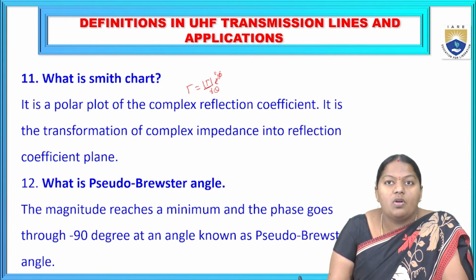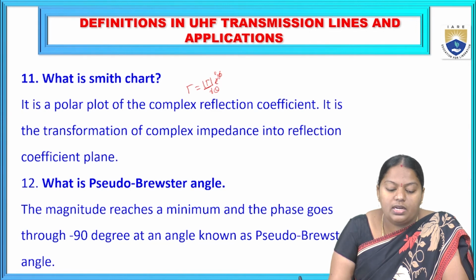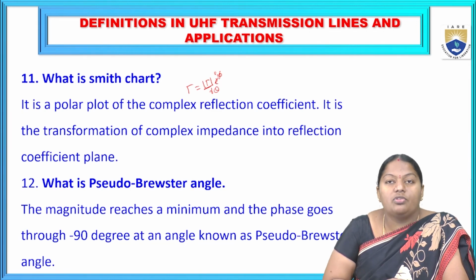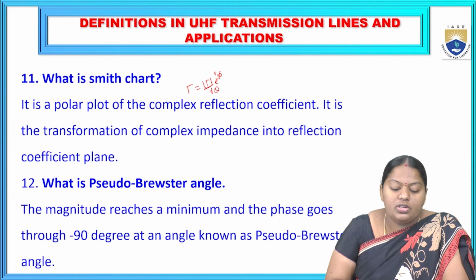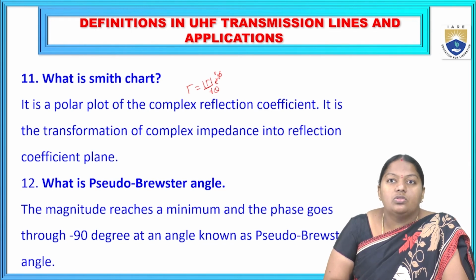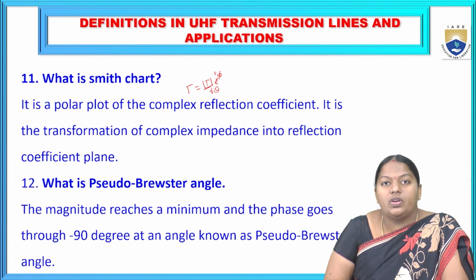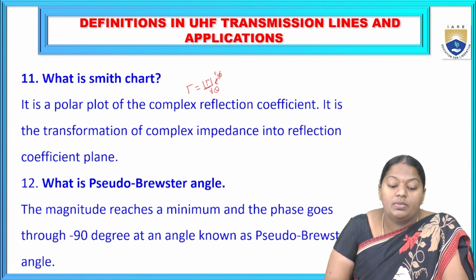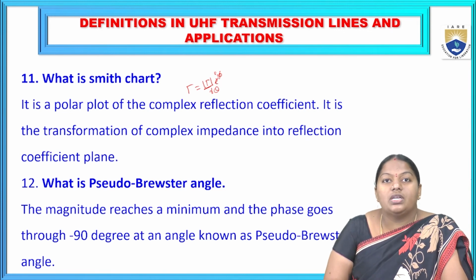Theoretically we can also measure the reflection coefficient as well as the standing wave ratio using mathematical formulas. But with the help of a graphical method, we measure the reflection coefficient as well as the standing wave ratios.